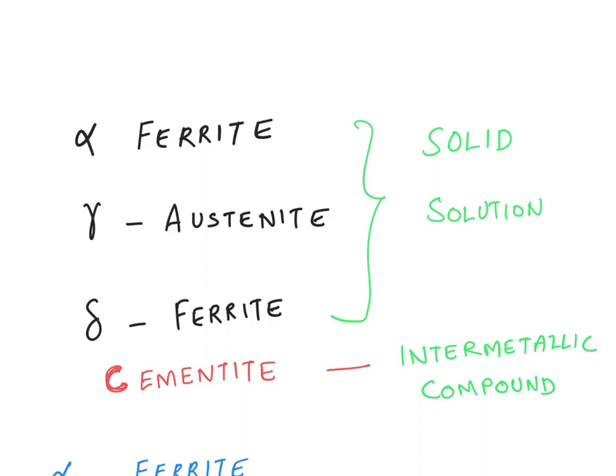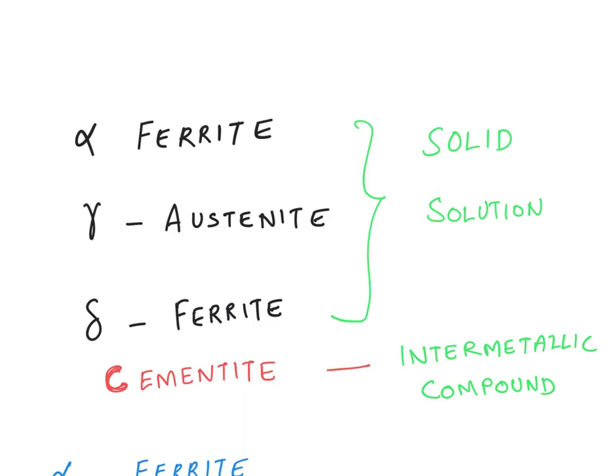The kind of solid solution these two materials form is of interstitial type. And the cementite, which occurs on the right extreme, is an intermetallic compound. It is a metastable product. So these were the four different phases at a glance.